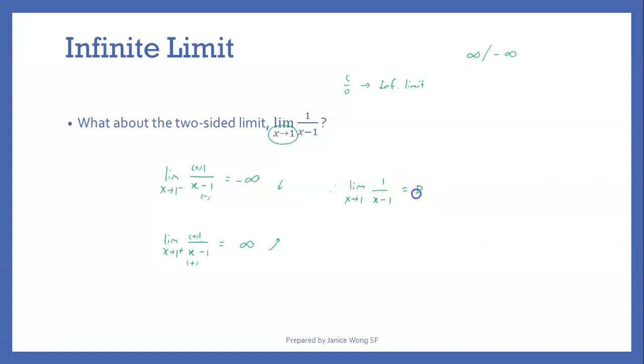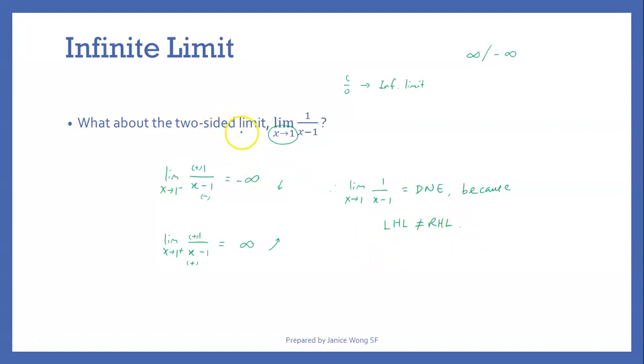It will be DNE, does not exist. If I ask for the reason, it is because the left-hand limit is not equal to the right-hand limit.